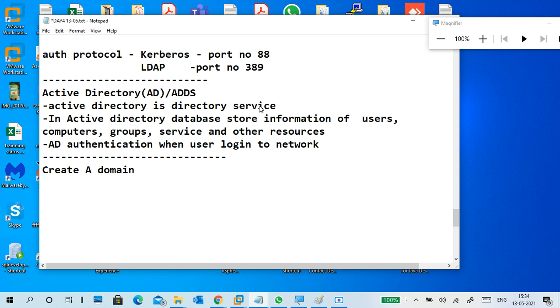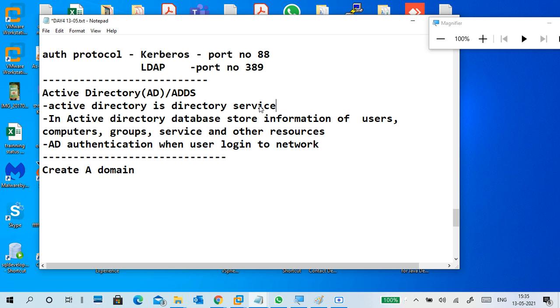To provide a directory service means a directory contains information, like a directory contains files. The Active Directory database stores information of users, groups, computers, and other resources. And whenever the user logs in, it will do authentication. Not only user authentication, computer authentication, everything will be there.